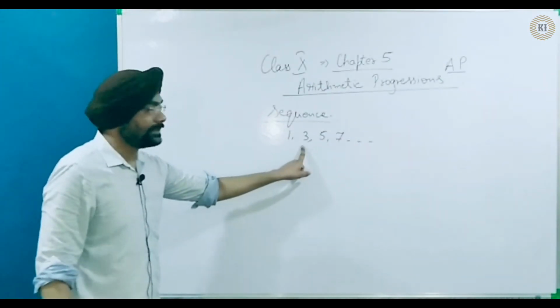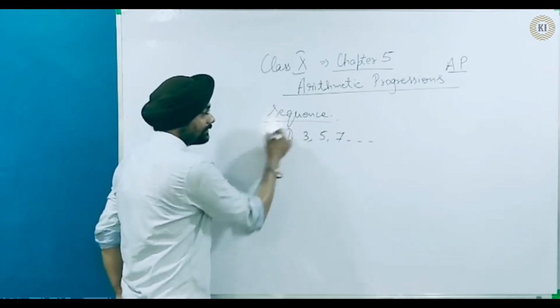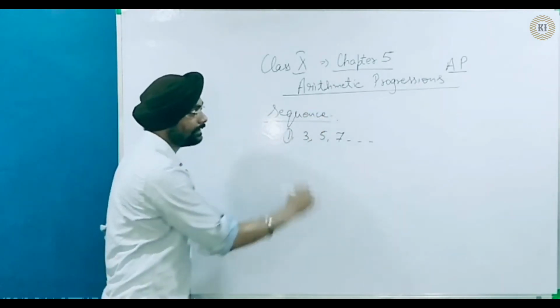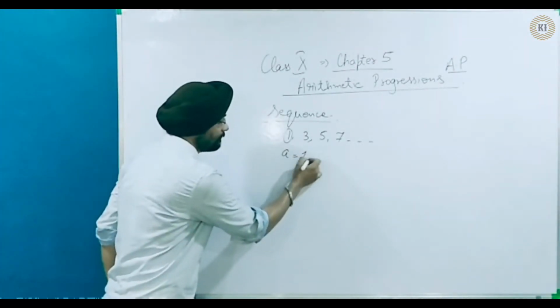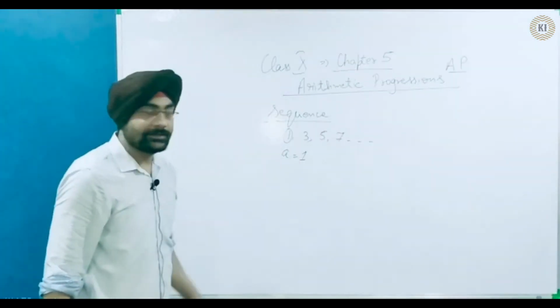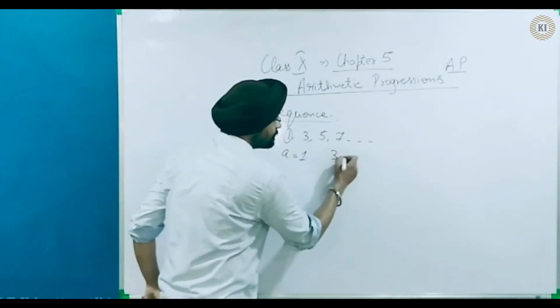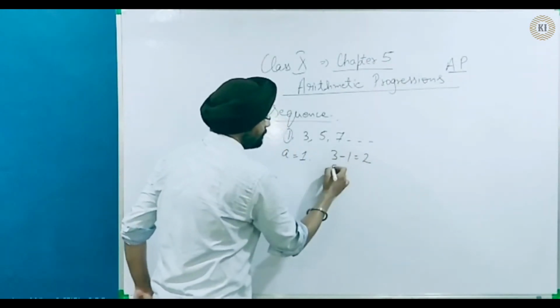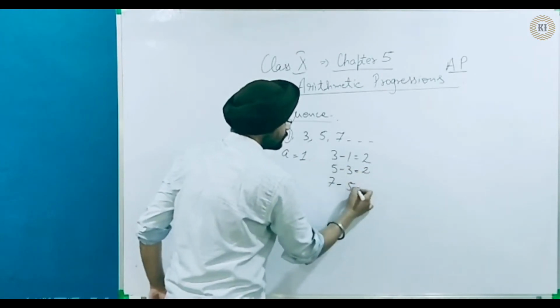Now you can see at this place the first number is 1. In AP we denote the first number by the letter A. Now when we take out the difference, 3 minus 1 will come 2, 5 minus 3 will also come 2, 7 minus 5 will also come 2.